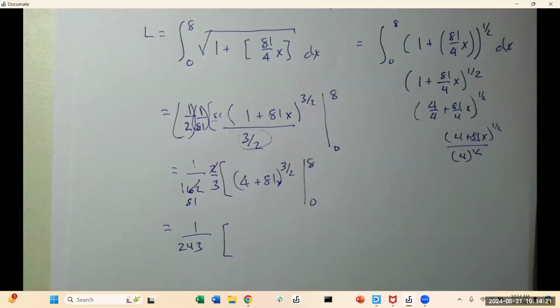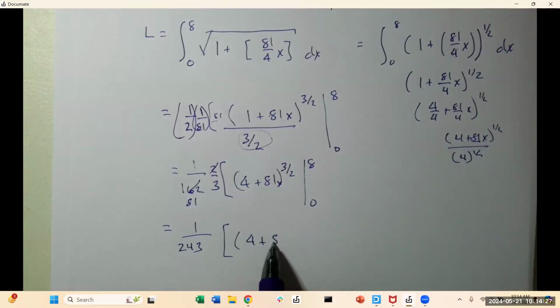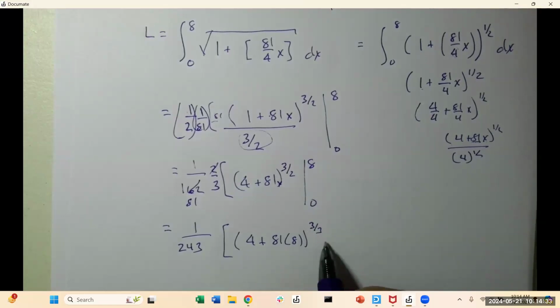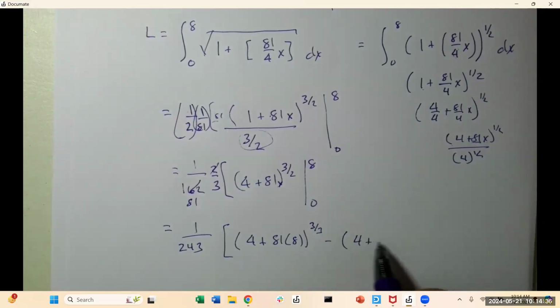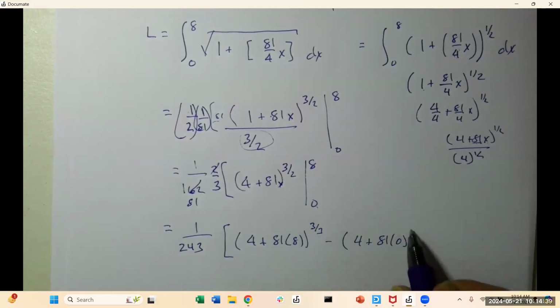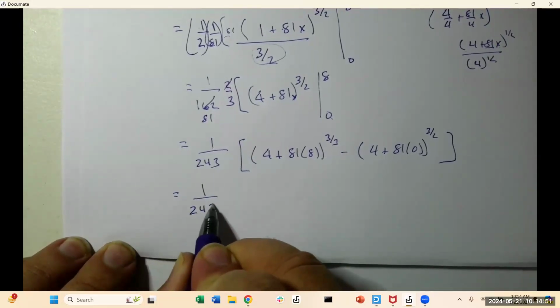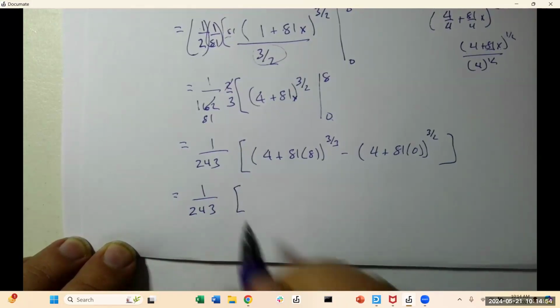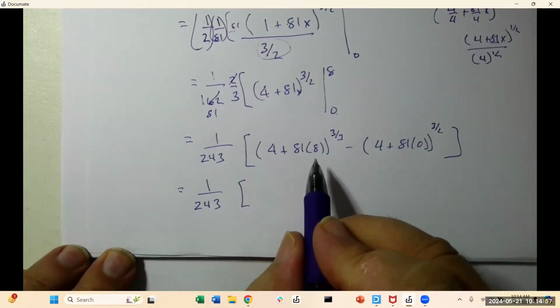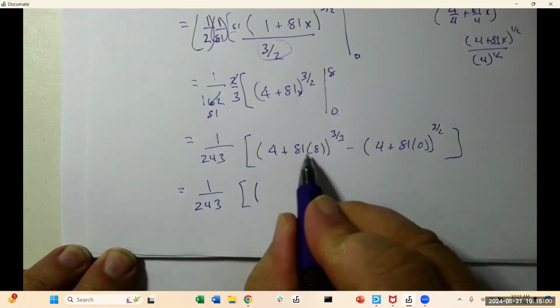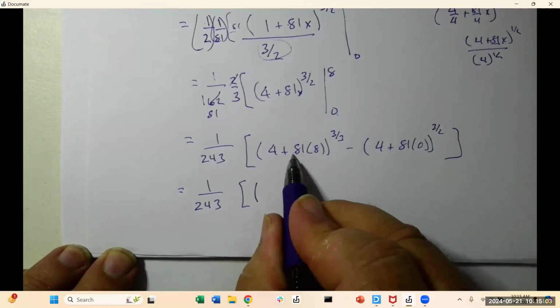Then 4 plus 81x. So we do it from 8. We do the first one: 4 plus 81 times 8, to the power 3/2, minus 4 plus 81 times 0, to the power 3/2. 81 times 8 is 648.